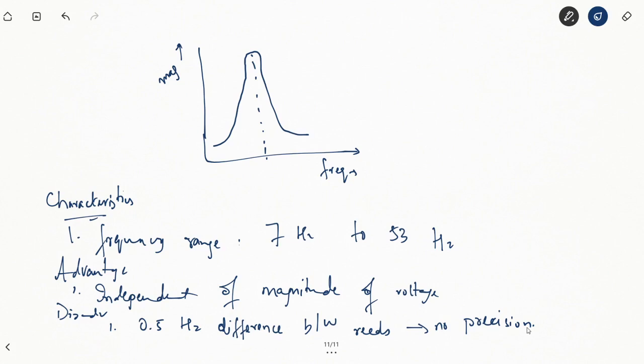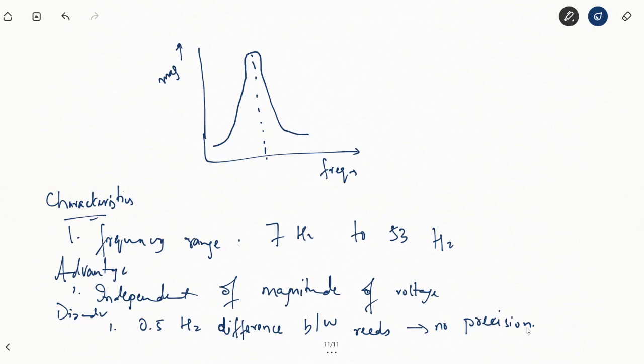And we know that these reeds will be attracted to the electromagnet as soon as it is excited. So they will vibrate, proportional to the current square, or you can say frequency square.